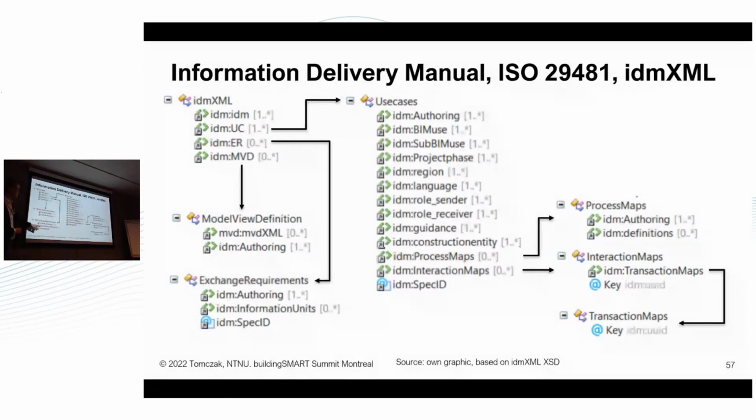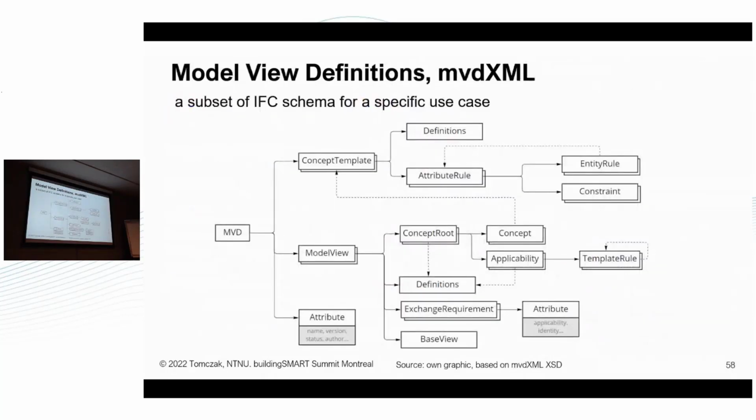But it also has these exchange requirements that are supposed to be extended in MVD. And MVD, the idea of model view definitions, was to select a subset of the full IFC schema for a specific use case, but sometimes also to extend it with some concepts that were not in the IFC schema.